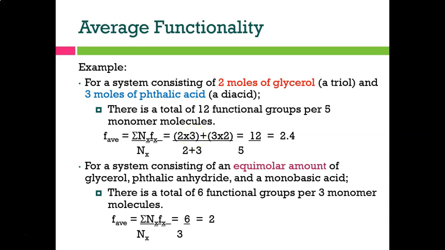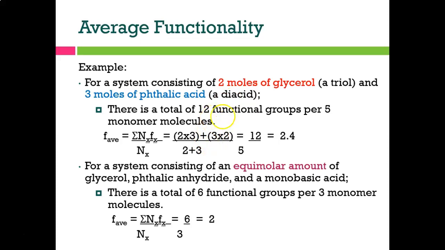As I mentioned earlier, glycerol has 3 OH groups, so 3 represents its functionality. Plus the 3 moles of diacid, times F, the functionality of the diacid, which is 2.